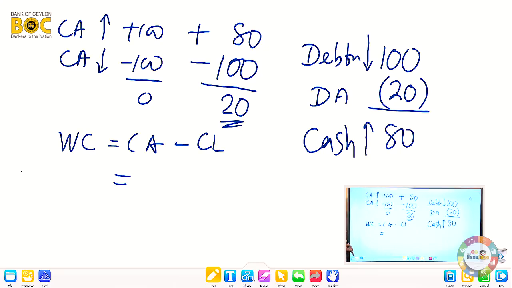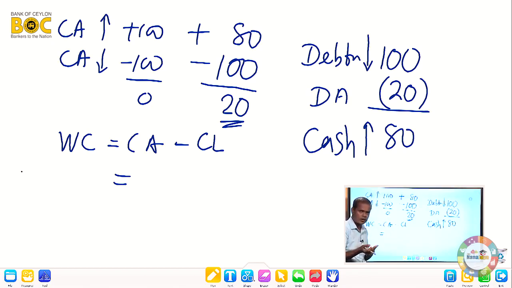Earlier, 100 worth of debtors paid without a discount. But now, you give a discount and you collected 80.